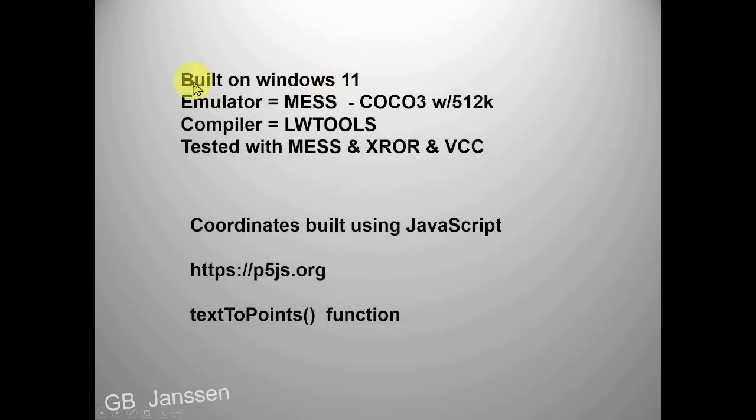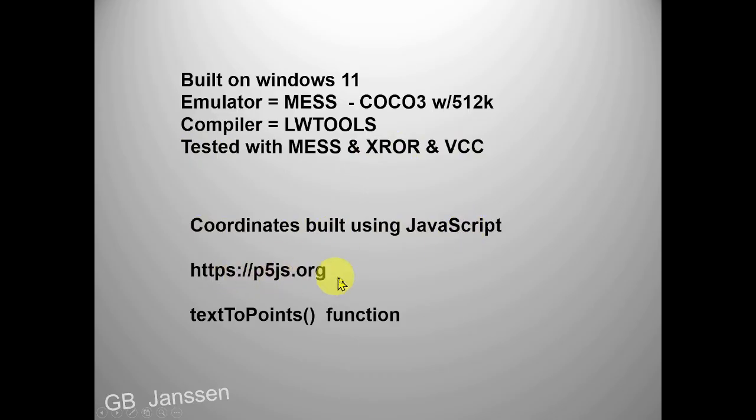The display program is built on Windows 11 with the emulator MESS, the CoCo III with 512K, and the compiler is LW Tools, which I think a lot of people use. And I've tested on MESS, which a lot of people upgraded to MAME. I never did. So MESS, XRoar, and BC, it all works the same. The coordinates are built using some JavaScript.